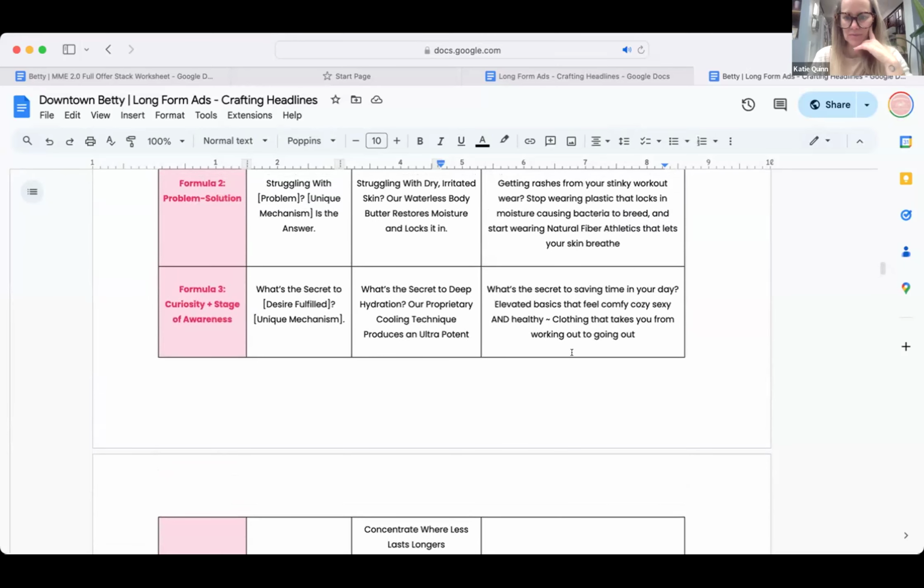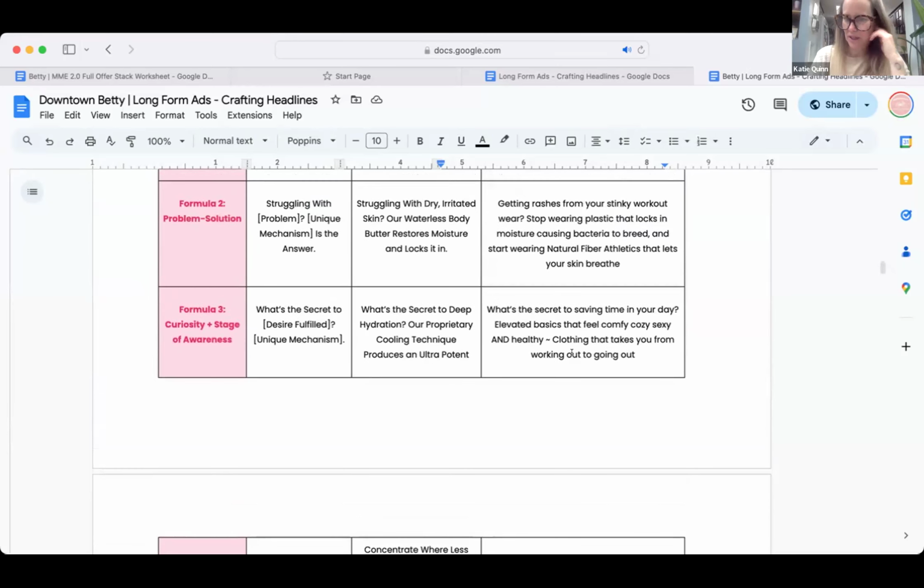There's little ones like this too: getting rashes from your stinky workout wear, stop wearing plastic. This is education as well as solution. This one, not much of a learning curve. If you've got stinky rashes, here's what you're missing. It's not a massive bridge.